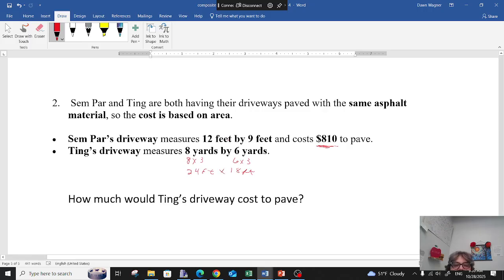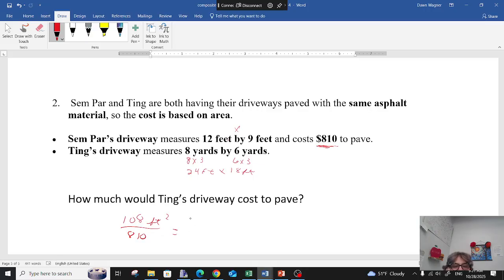Okay, so because cost is by area, you need to get the area formula. So what's 12 times 9? 12 times 9 is 108. Okay, feet squared. And her cost was $810.